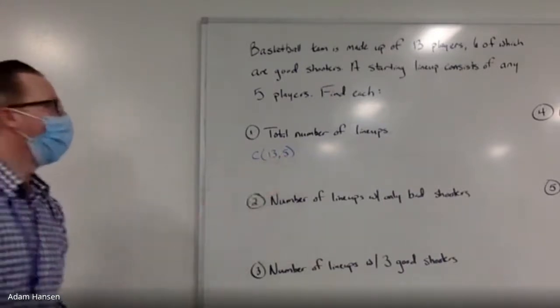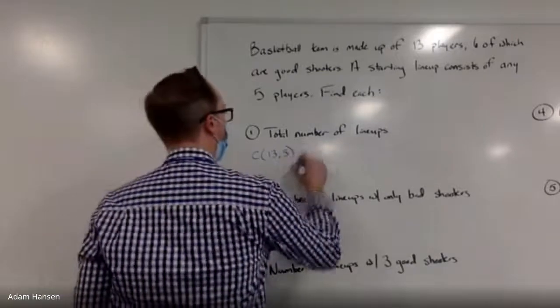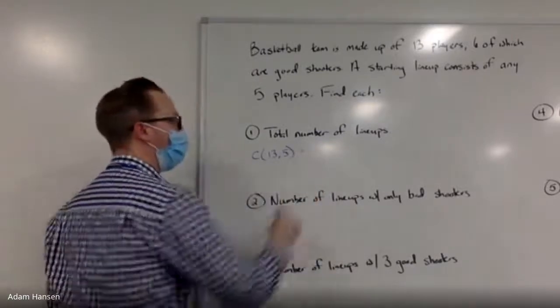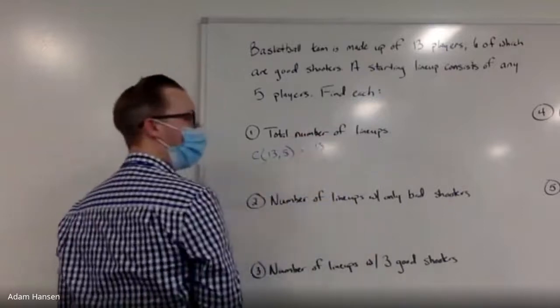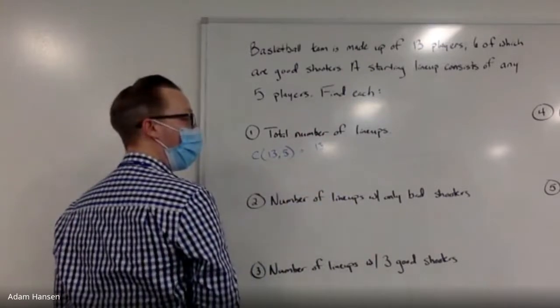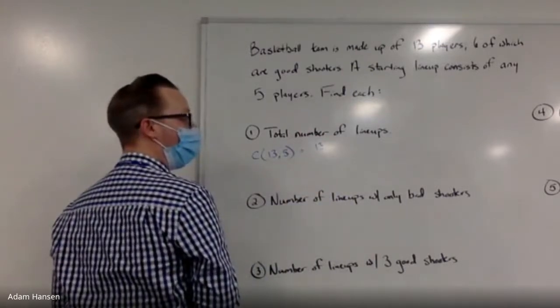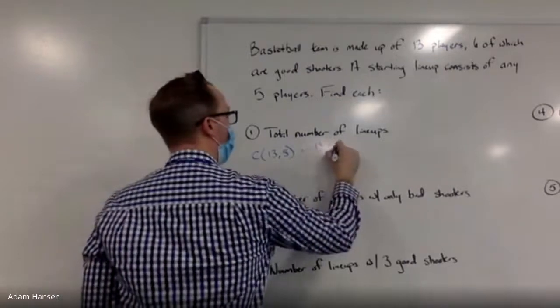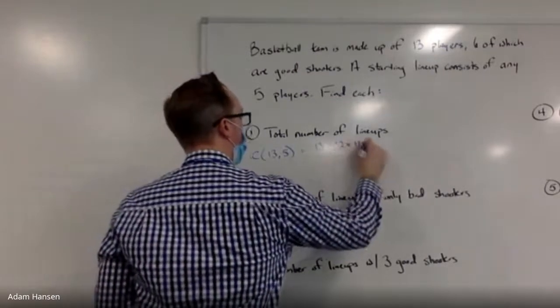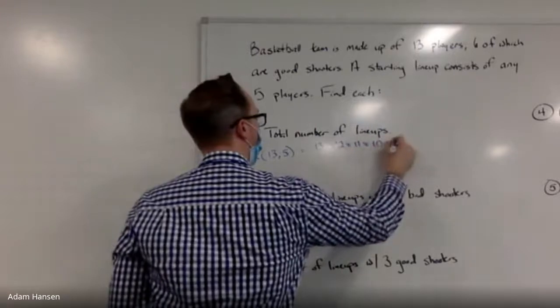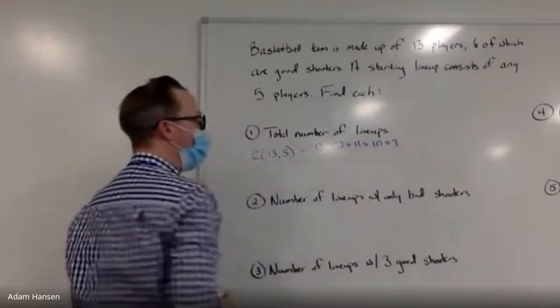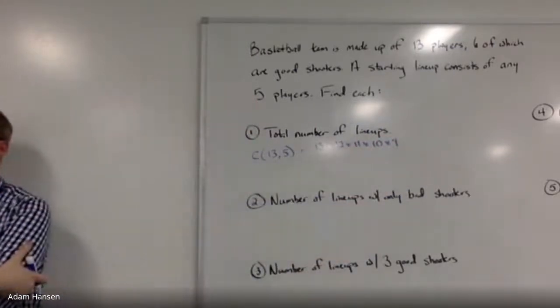So let's first figure out how this can be done. Let's pick the players. There are 13 different players to pick first. Then after that, how many different players are there to pick second? 12, then 11, 10, and 9. But isn't that counting too many different lineups? Yeah.